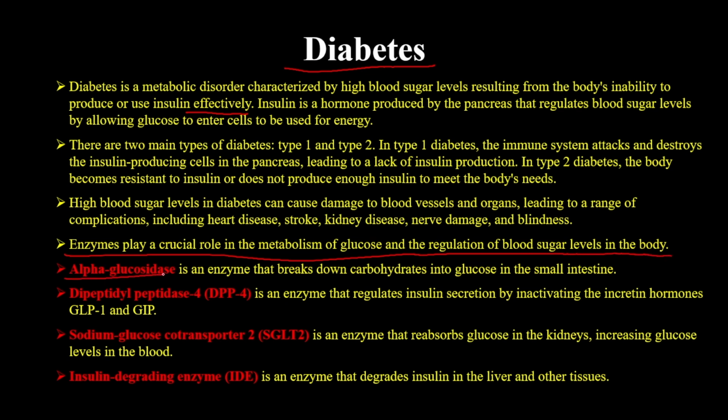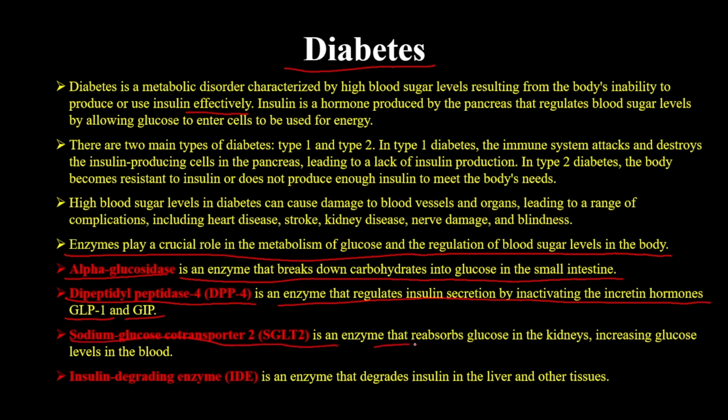Alpha-glucosidase is an enzyme that breaks down carbohydrates into glucose in the small intestine. Then we have dipeptidyl peptidase, an enzyme that regulates insulin secretion by inactivating incretin hormones like GLP-1 and GIP. Then we have sodium-glucose co-transporters, which reabsorb glucose into the kidney, increasing the glucose level in the blood.